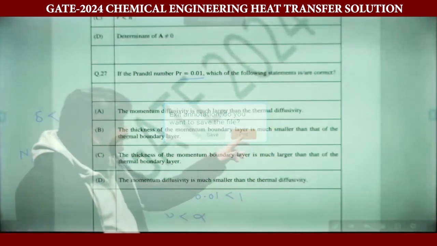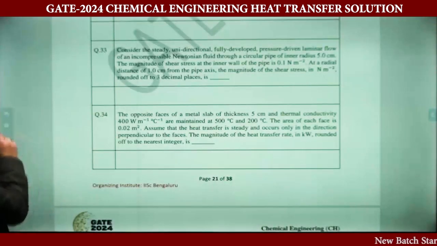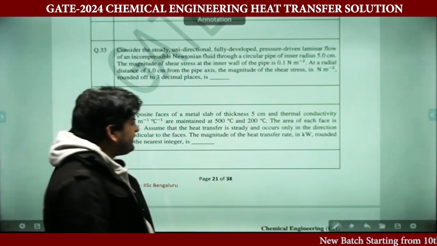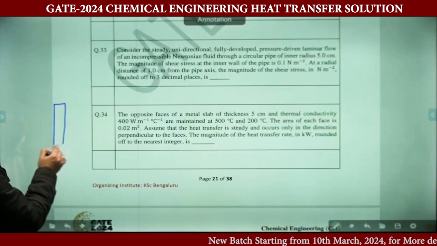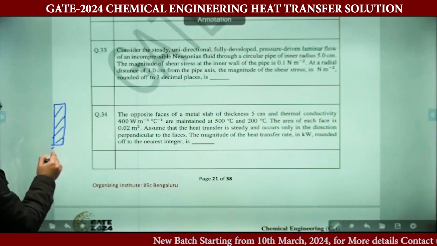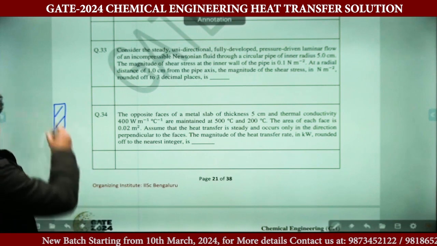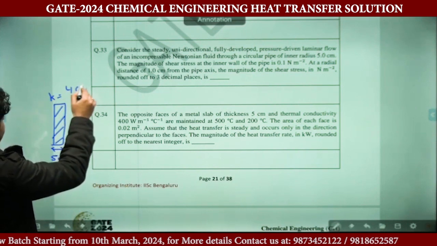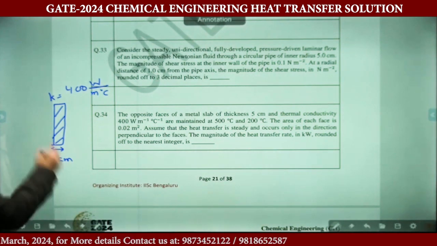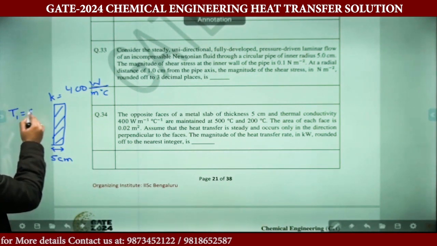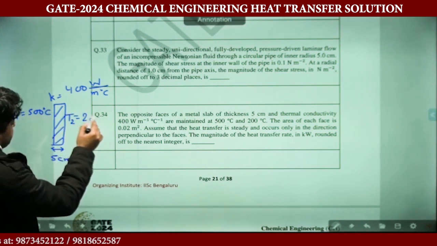Next question. From this paper it was 34. One easy question from conduction. The opposite faces of a metal slab of thickness 5 cm. Suppose this is a metal slab of thickness 5 cm and thermal conductivity 400 watt per meter per degree Celsius, are maintained at, let's say, T1 equal to 500 degrees Celsius and the other side T2 as 200 degrees Celsius.